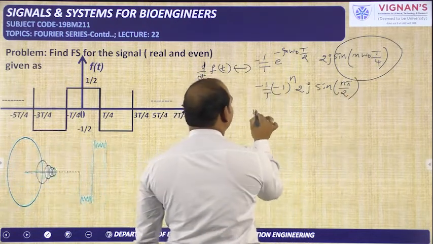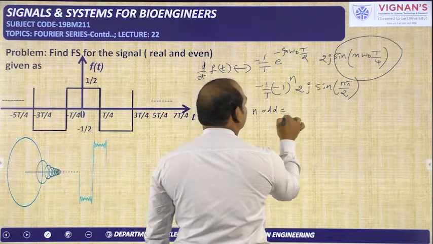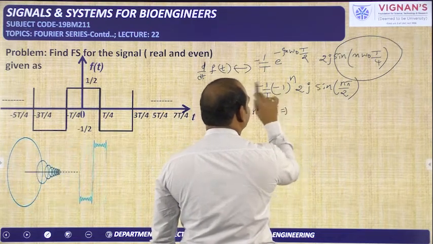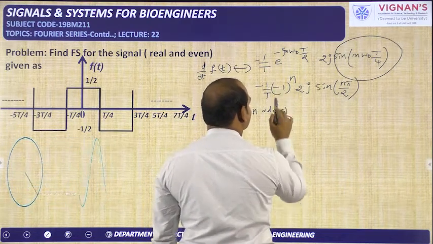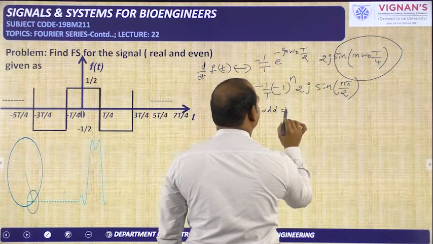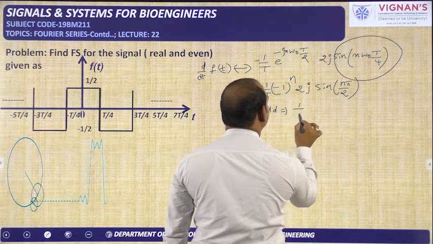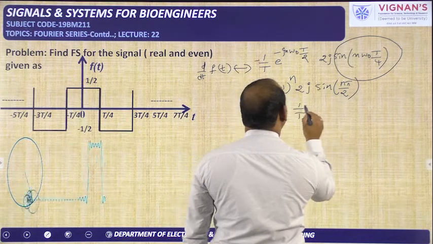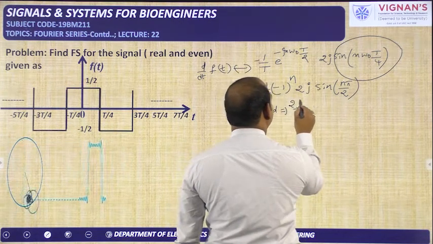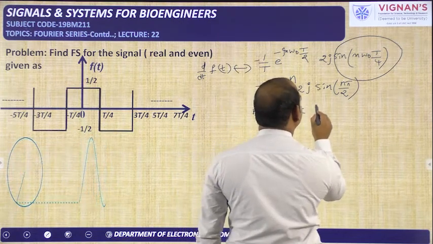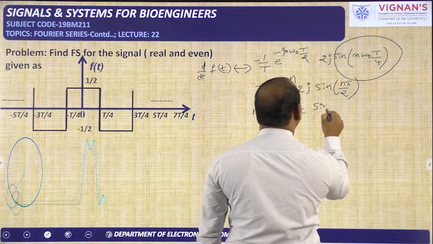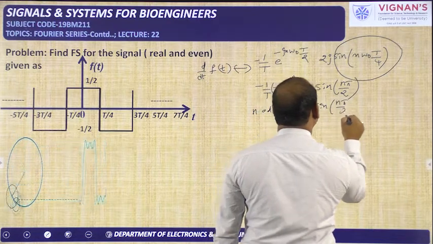Okay, if you take n is odd, this will become minus 1, and minus into minus will be plus. Now what will we get? 2j by T, this is sin n pi by 2.